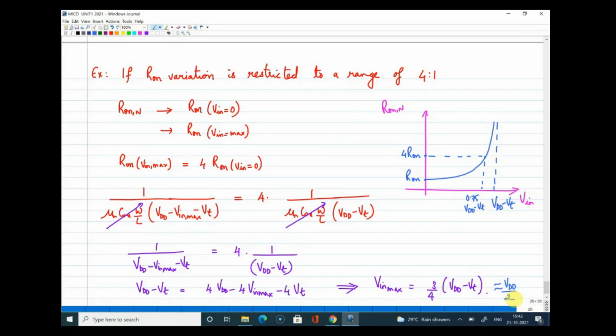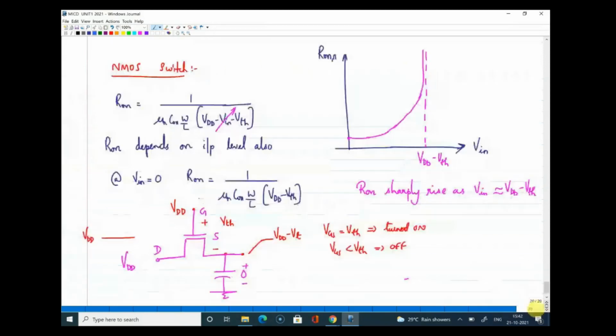So it depends on technology, but the point here is we always try to restrict the input voltage, because keeping a large input voltage very close to VDD minus Vt will result in a huge nonlinear resistance, and it cannot be kept very low either, because for any circuit to work at a specific supply voltage you should have a sufficient swing, right? So the underlying point is, if you use only an NMOS switch in this fashion, you will always have a swing limitation. That is the takeaway from here.